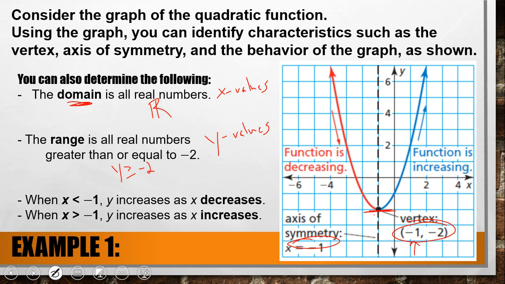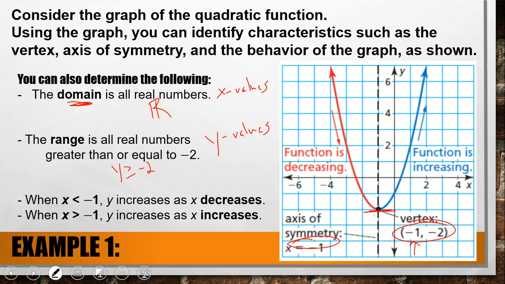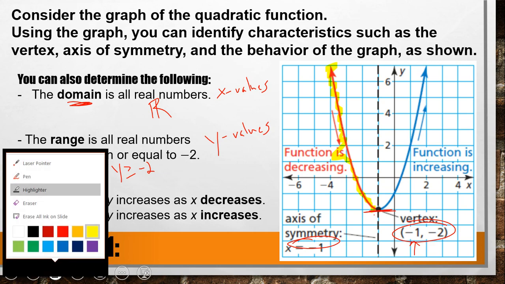And the final thing we're looking at here is, well, when x is doing something, what's happening to our y value? Okay, so from here to here, let me highlight it. In this portion of the graph here, x is increasing, okay? And our y value is decreasing. Our graph is going down.